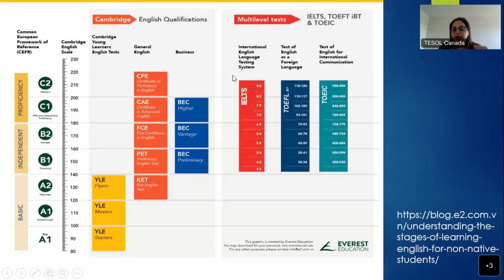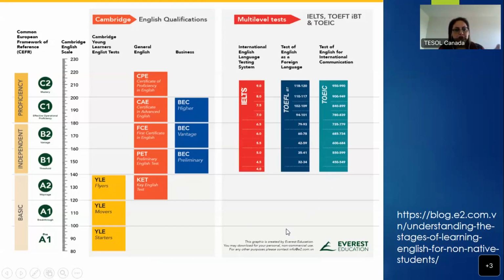Then we have international exams like IELTS, TOEFL, TOEIC here. We're going to discuss each one. As in the previous slide I showed you, the type of questions, the time and style are different, but the rest is the same.